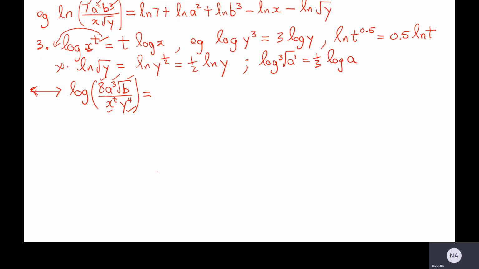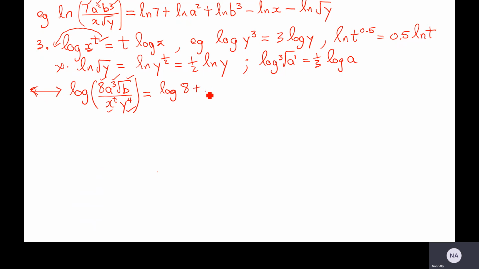So I'll do this in 2 steps, but you don't have to. Log of 8, even though it's a number, separate it. Make sure you write it as a separate log. Take 8 as a factor. Don't group 8 and a cubed. 8 must be by itself.